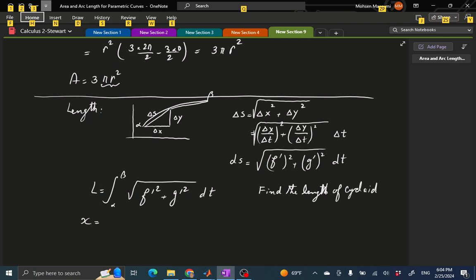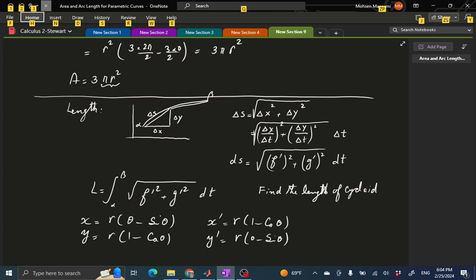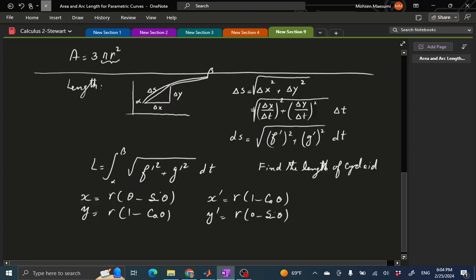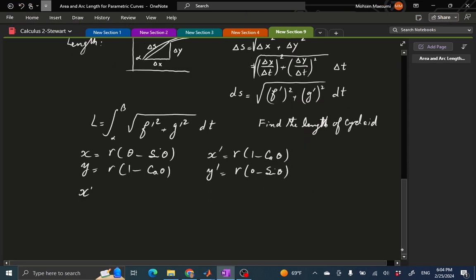So x we said was r times theta minus sine theta, y was r times 1 minus cosine theta. So x prime, or the same as f prime, is r times 1 minus cosine theta, and y prime is going to be r times 0 minus sine theta. What I need to do is x prime squared plus y prime squared.